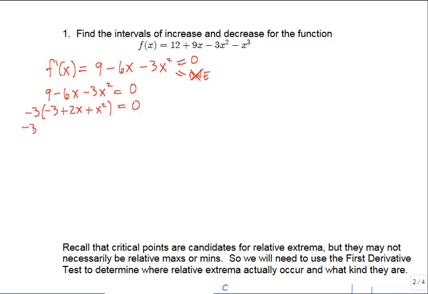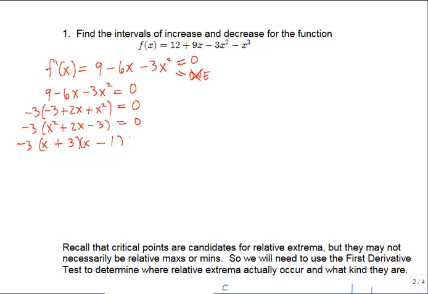Now to make factoring easier, I'm going to put this in descending order. So this is the same as x squared plus 2x minus 3. Now if I'm lucky, it'll factor. So 2 sets of parentheses, I need an x and an x. And if I make this a 3 and this a 1, and make the 3 positive and the 1 minus, I'll get a negative 3 on the end, and my middle terms will add up to a positive 2.